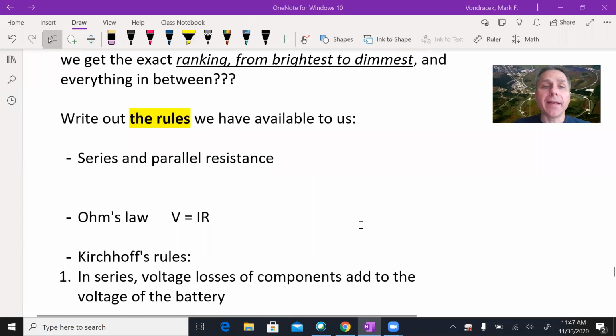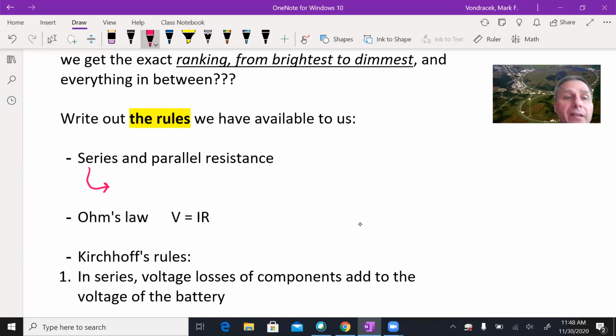So to do anything with resistor circuits, we have to know our 5 rules. The things we use over and over and over again, no matter how weird or crazy the circuit or problem might seem. We have to know how to add resistance in series and parallel. For series, that's just the simple sum of all the individual resistors all in a line, all in the same chain.